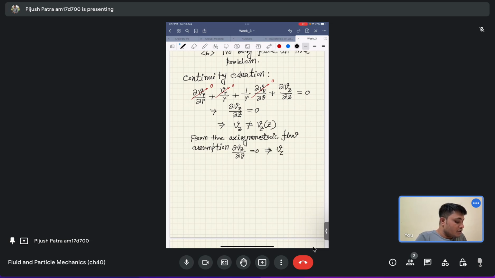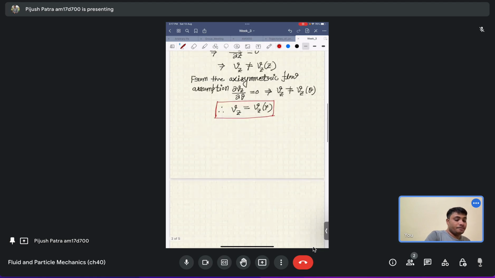That implies Vz is not a function of theta either. So Vz is not a function of theta, and Vz is not a function of z. That means Vz is a function of r only, that is the radial coordinate. This is very important. Based on these assumptions I can easily say that Vz is a function of r only.